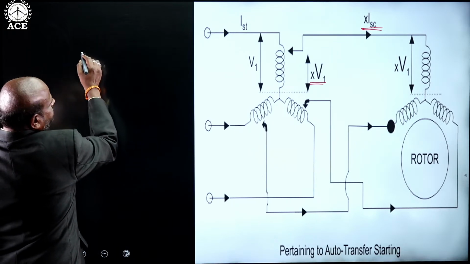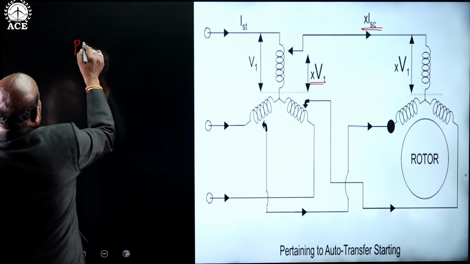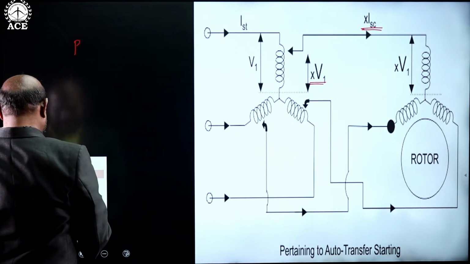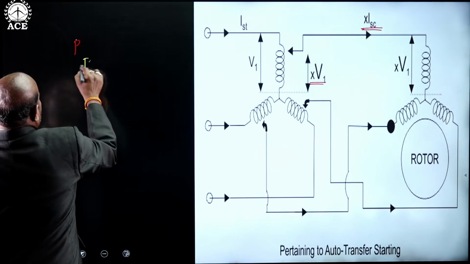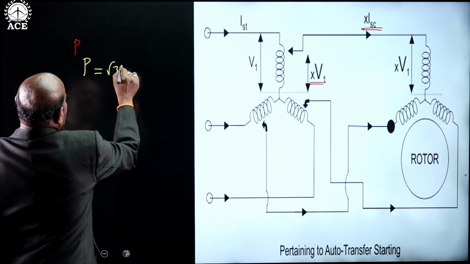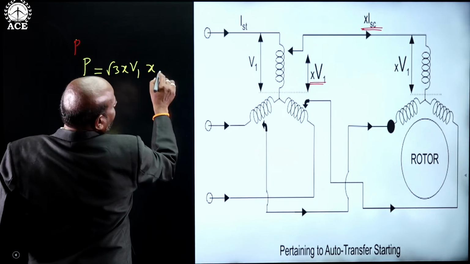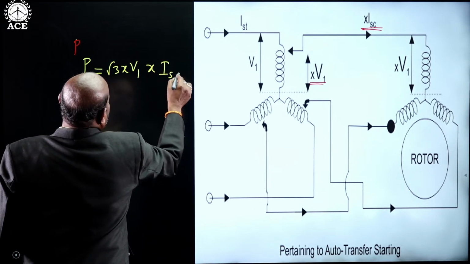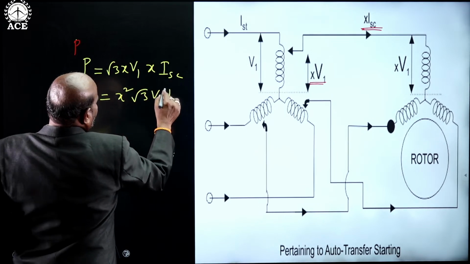Therefore the input power, the applied voltage into current, will be P is equal to root 3 times X V1 into current X times ISC, that is X square root 3 V1 ISC.